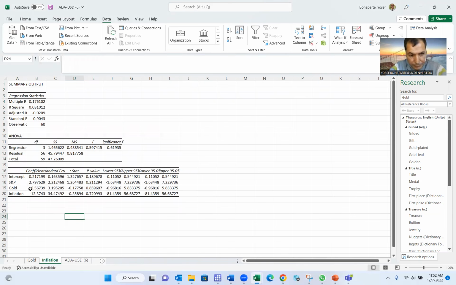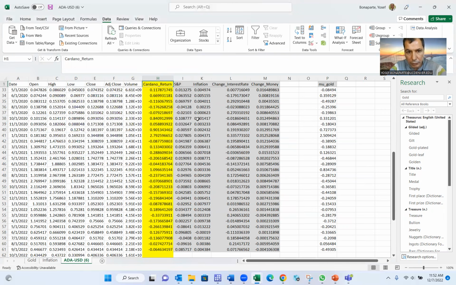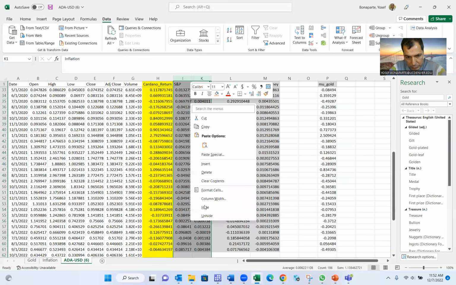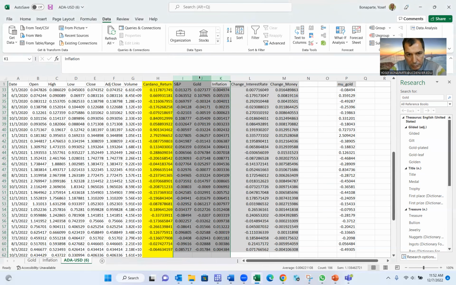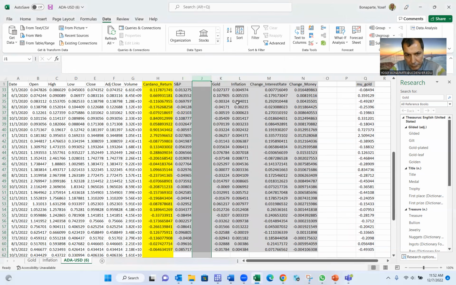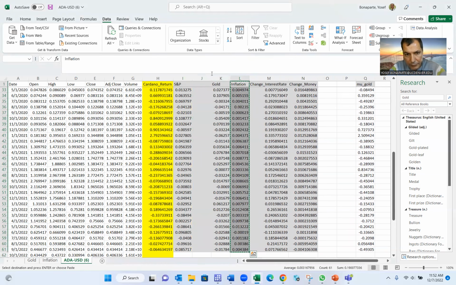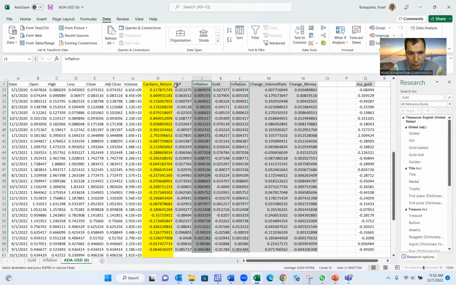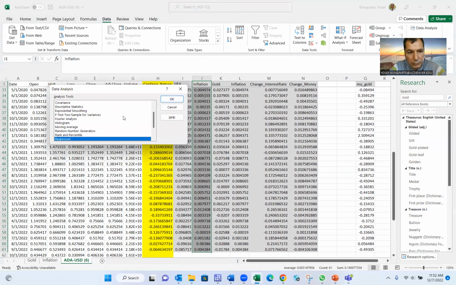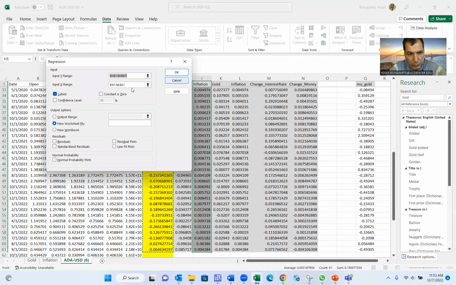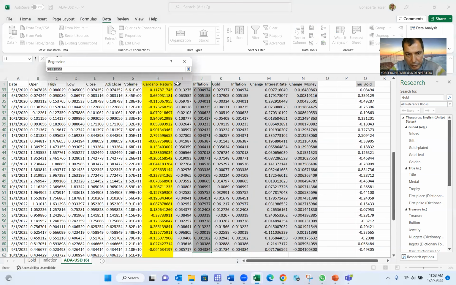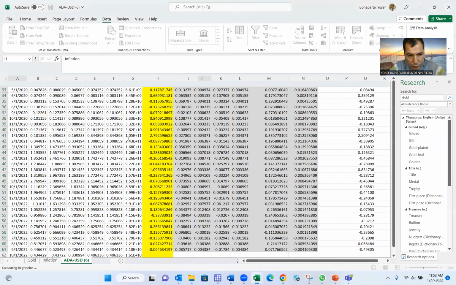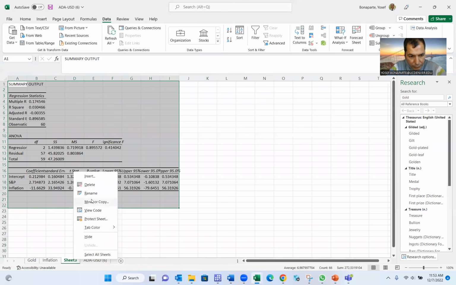It includes gold here, and we don't want gold. So the way to do it is unhide, insert, copy. Now we can do it. The same Y, the X will be S&P and inflation. Okay, so that will be inflation.